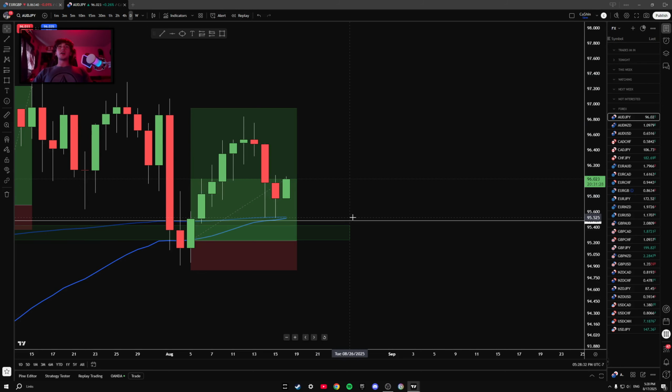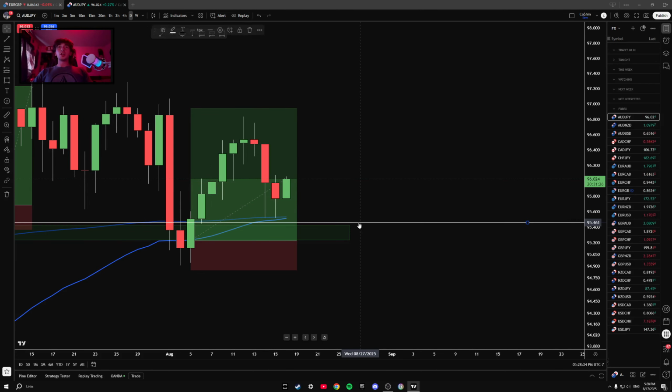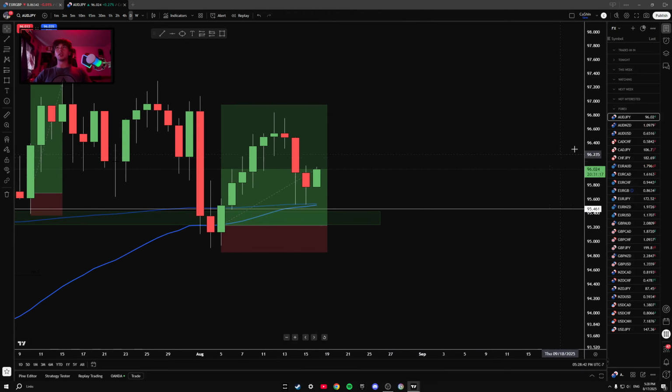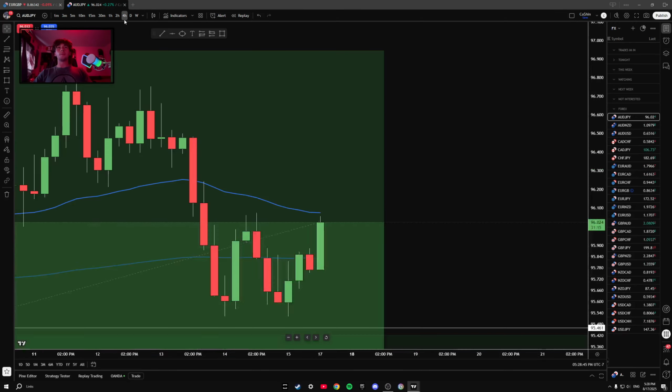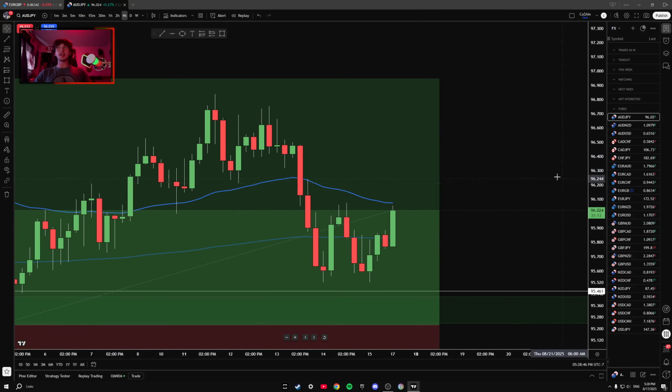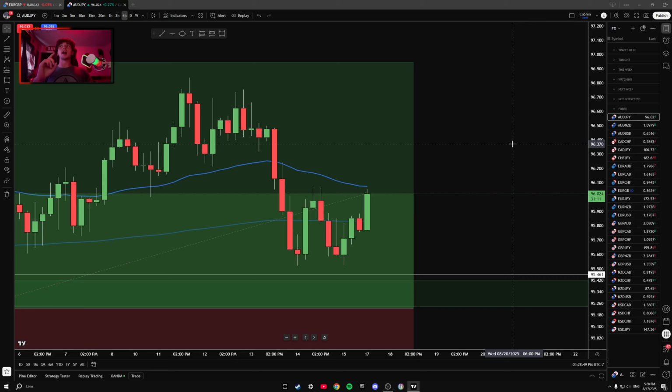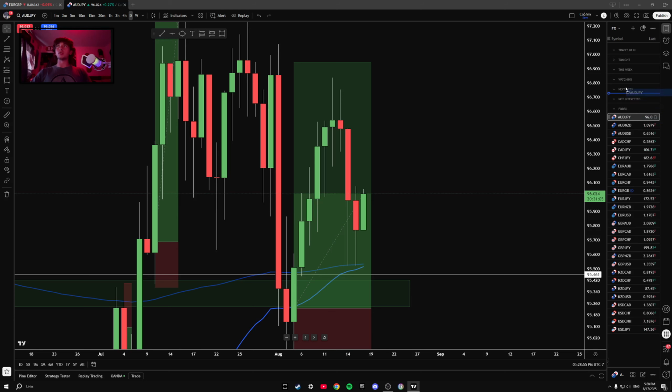If it comes back down and rejects, we will take the trade, but it needs to close like it did here, closed inside the area of interest. Until then, we're going to leave it alone. Or 4-hour minimum. If it's a daily area of interest, I'll allow 1 time frame smaller for close. And if we don't get that, we don't take the trade. So we will watch it for this week. Not one of those tonight trades.